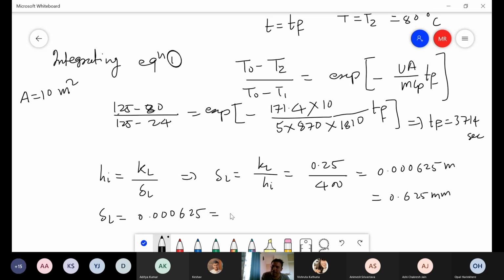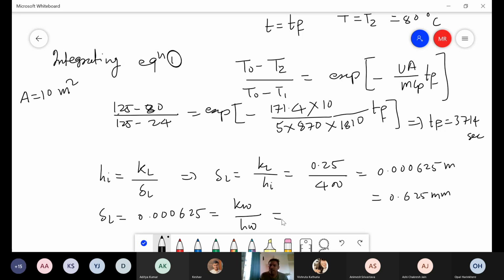This is common. But now instead of monomer we have water. So this will be given as Kw by Hw, where Kw is the thermal conductivity of the water, whereas Hw is the heat transfer coefficient if water is used instead of monomer.